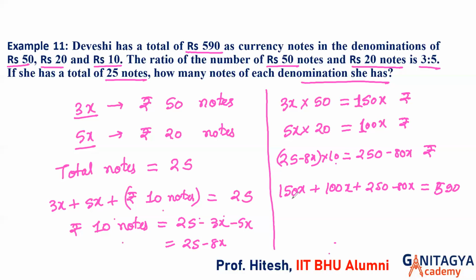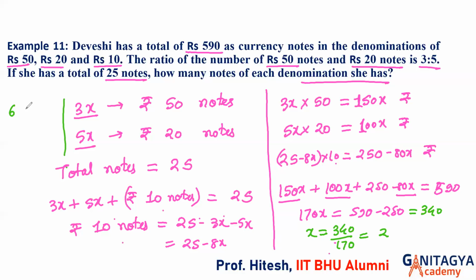Understood? So 150 plus 100 minus 80, so I can write 170x is equal to 590 minus 250. Understood? So now x will be, this will come 340 upon 170, that is 2. So how many 50 rupee notes? 2 into 3, 6 rupee 50 notes.